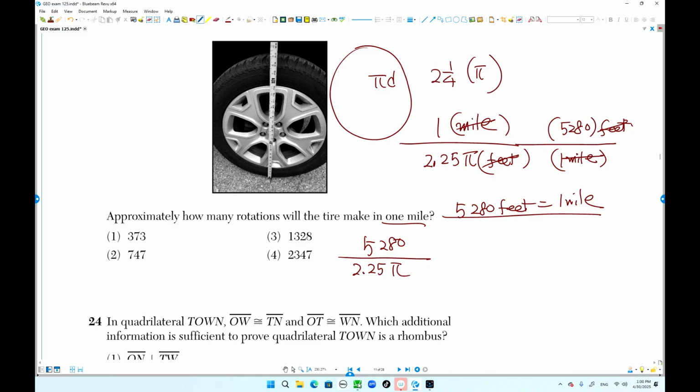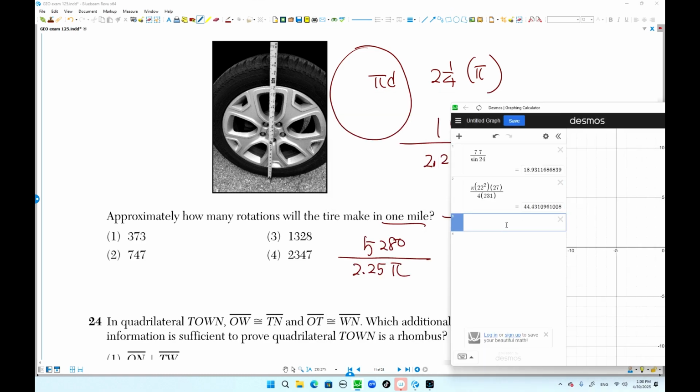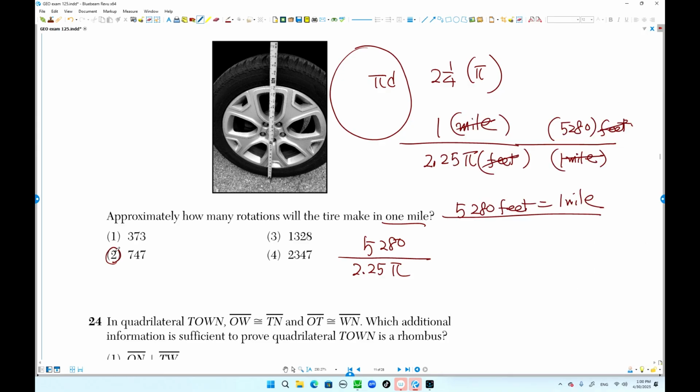Now let's use the calculator. 5280 over 2.25 times pi. Okay, we use pi. 746, 747 maybe. Okay, option 2 is the answer, right?